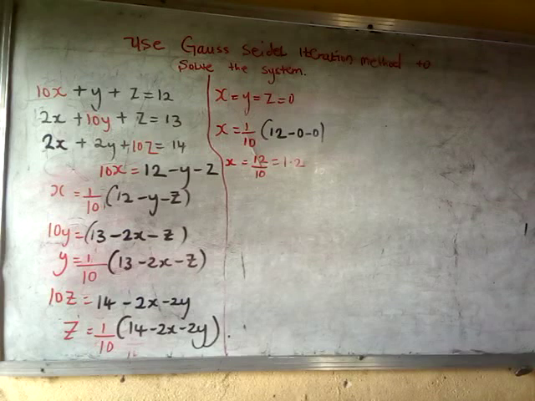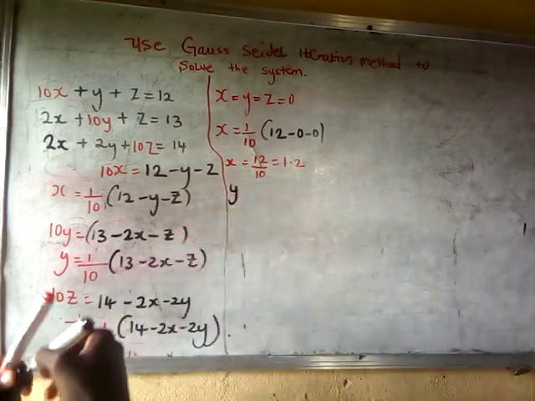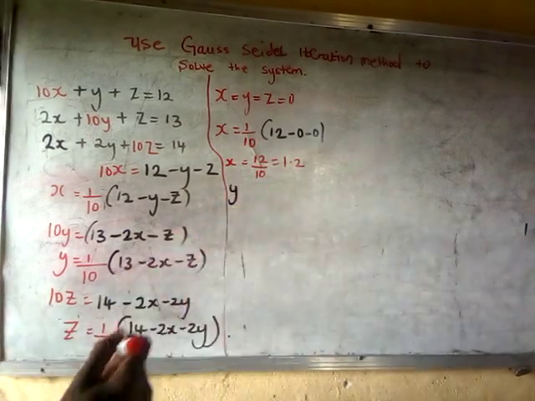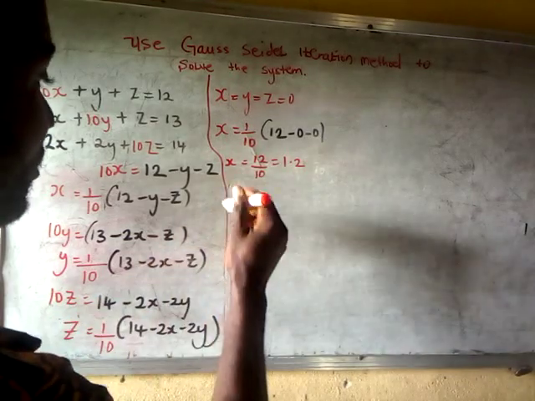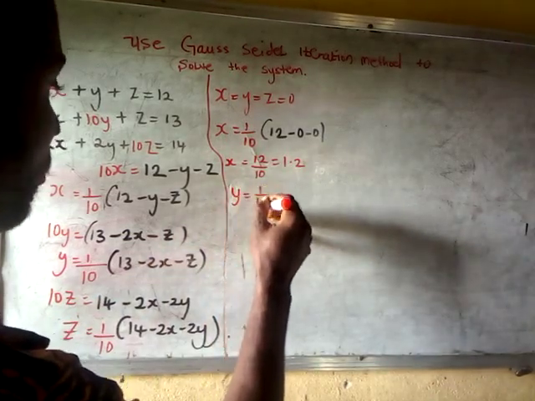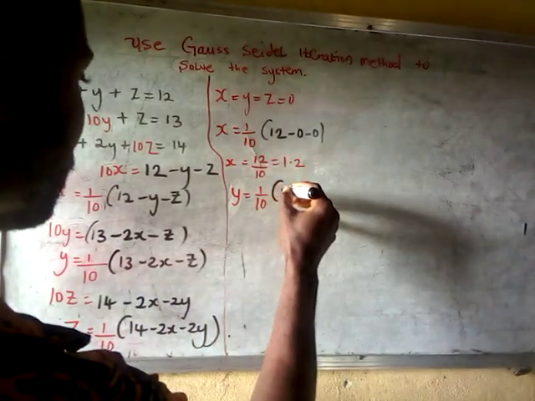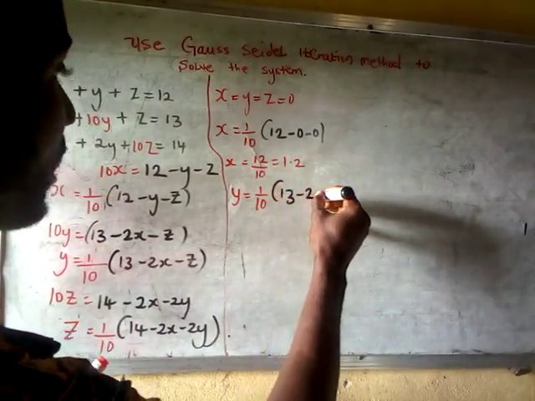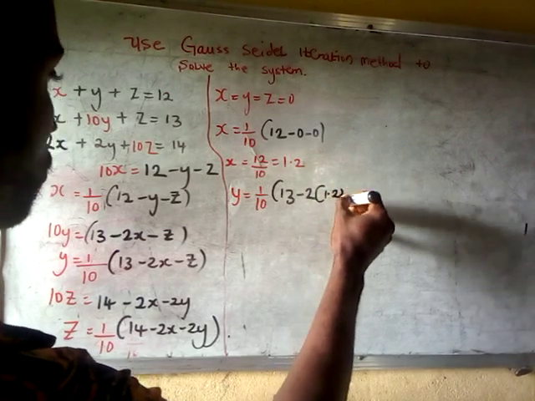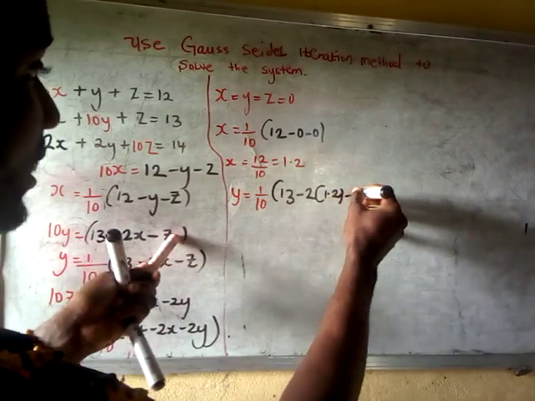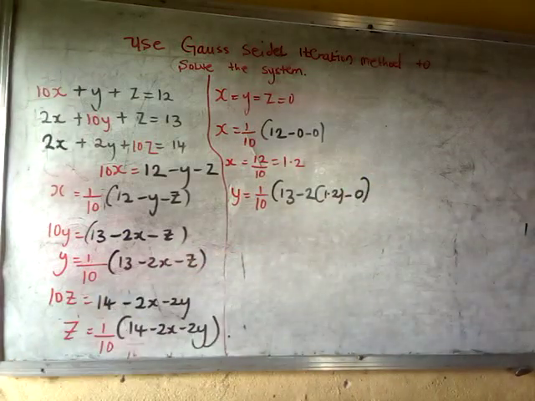So y is equal to, I'm using both red and black, so it is a little bit confusing, y is equal to 1 all over 10 into 13 minus 2. My x becomes 1.2, minus my z, which is 0 because I have not yet found the value of z.